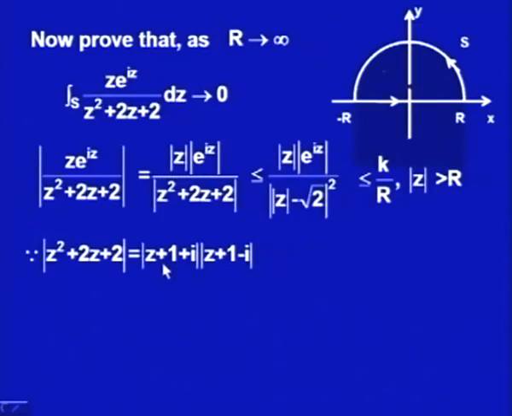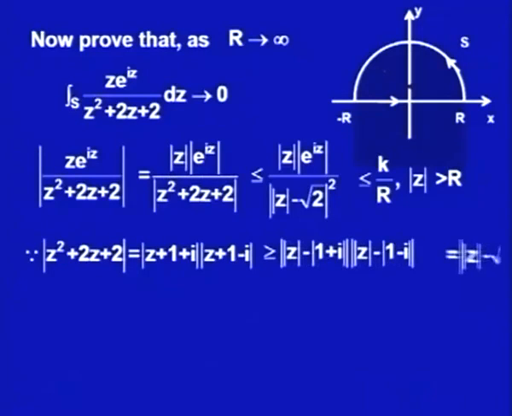Then we know mod of x plus y is greater than or equal to mod of x minus mod of y. By that we get mod of z minus mod of 1 plus i, then mod of z minus mod of 1 minus i. Mod of 1 plus i is square root 2, and mod of 1 minus i is also square root 2. Thus this is larger than or equal to the absolute value of mod z minus square root 2 whole squared. This is what we have written over here.